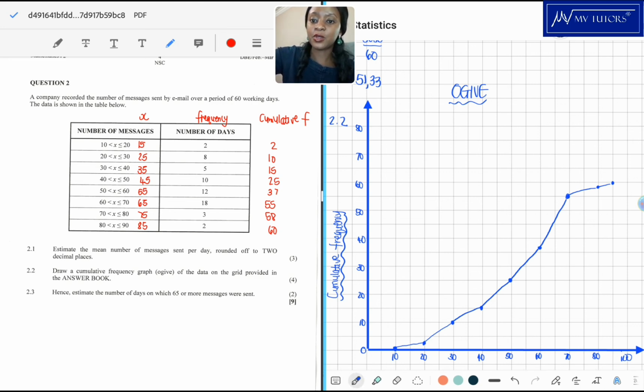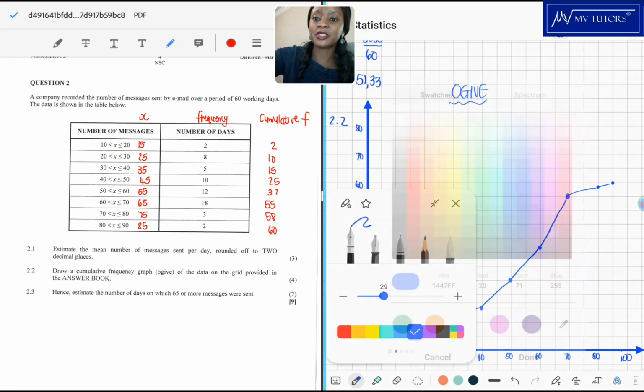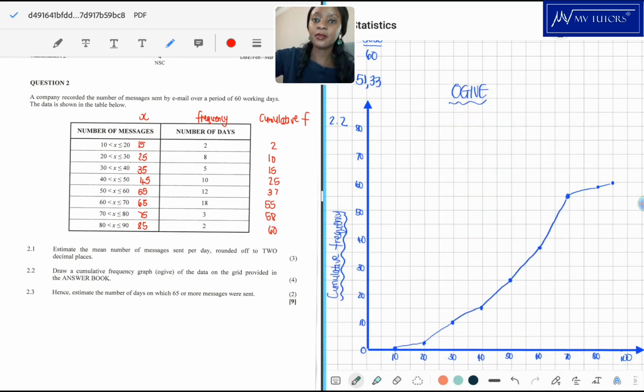Let's see if we were to put a curve, how it would be. A curve would actually look much nicer. The only problem with the curve is not every point will fit nicely. But whatever, let's just stick to it, it's fine. It's okay, we've answered.